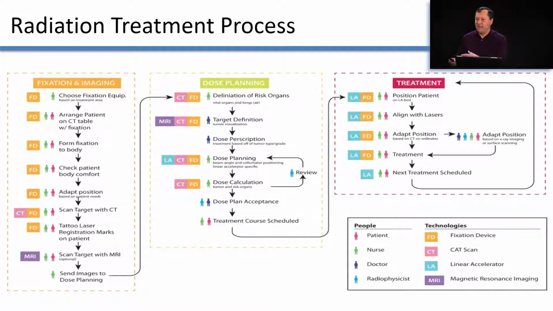In the second phase, the one labeled dose planning here, some doctor and some physicist figure out how we get the energy to the place where the tumor is. And then in the third phase, the treatment phase, some nurse will put you on a machine and irradiate you over 35 days, usually in multiple fractions they call them, until hopefully the tumor goes away.